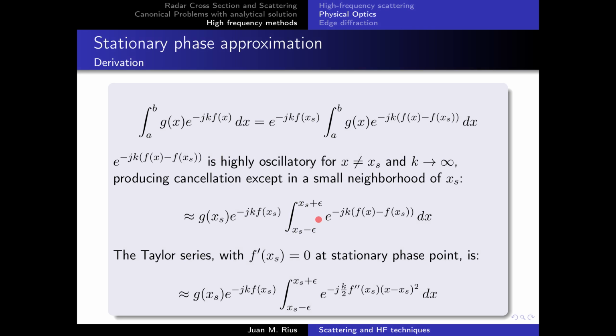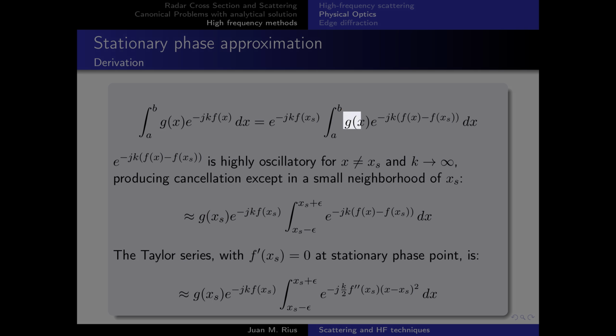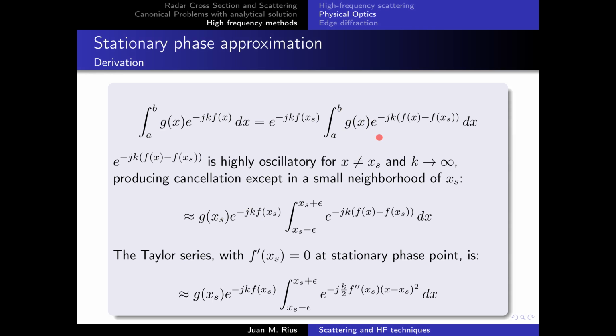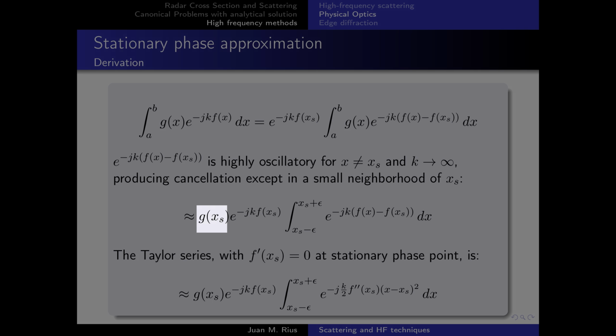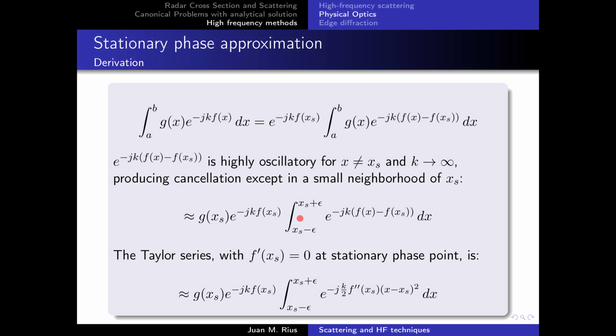Since in the neighborhood of the stationary phase point the amplitude of the integrand is slowly varying, it is approximately equal to the amplitude at the stationary phase point, so we can take it out of the integral.